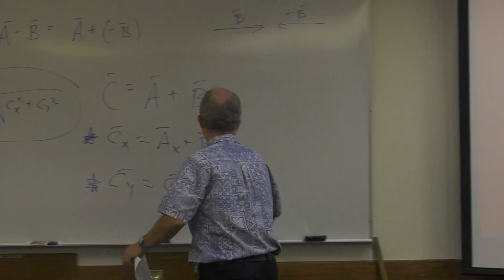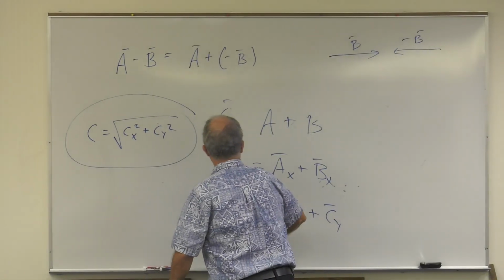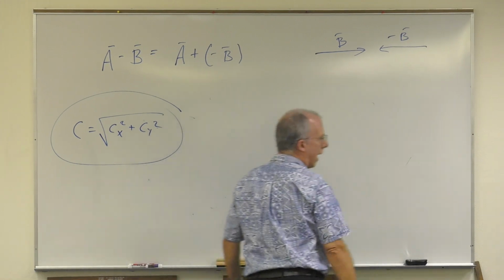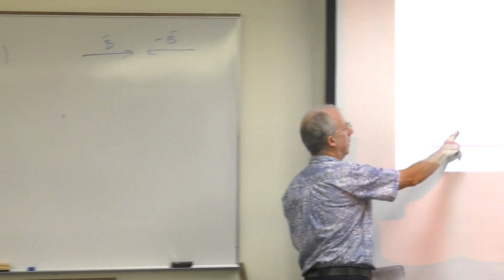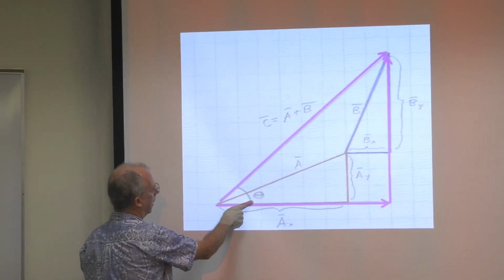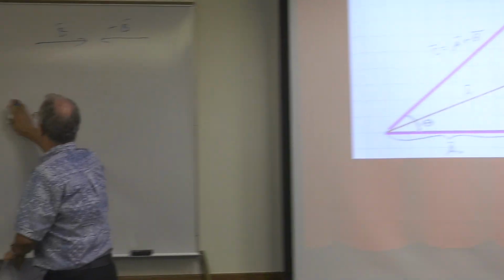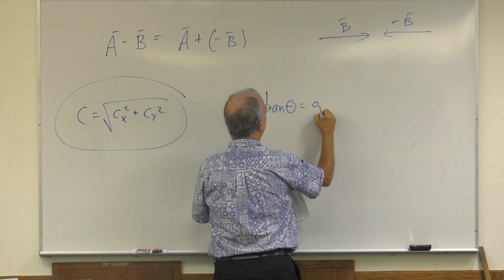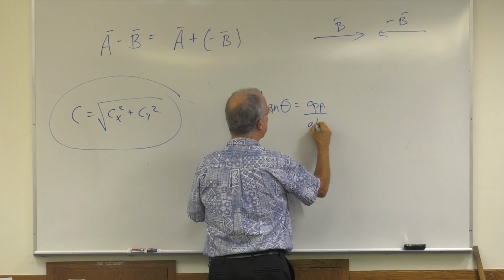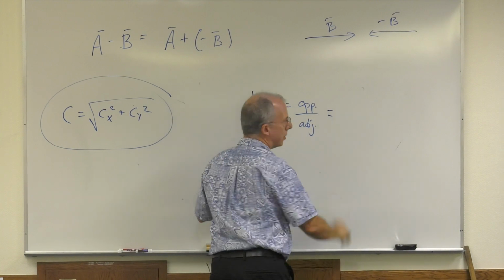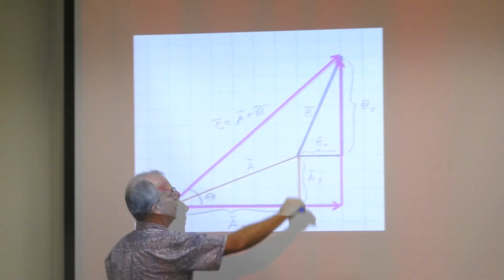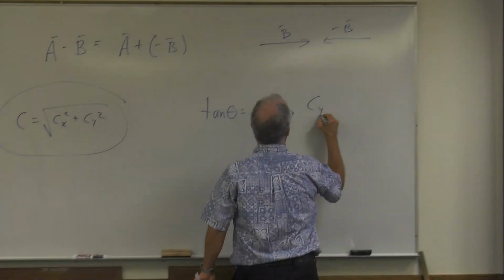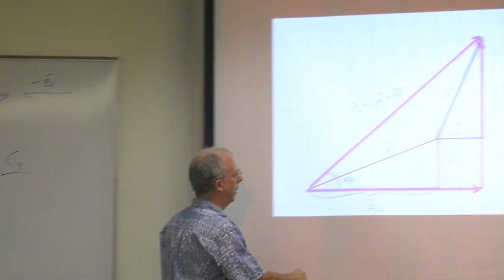All right? Something else that we'll use a lot is oftentimes we want to figure out this angle, theta. Okay, so go back to trig. Tangent theta is opposite over adjacent. What's opposite? Cy. And what's adjacent?